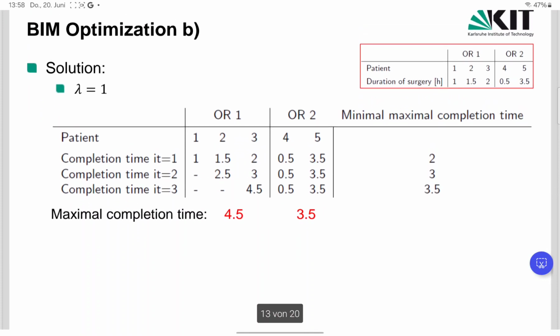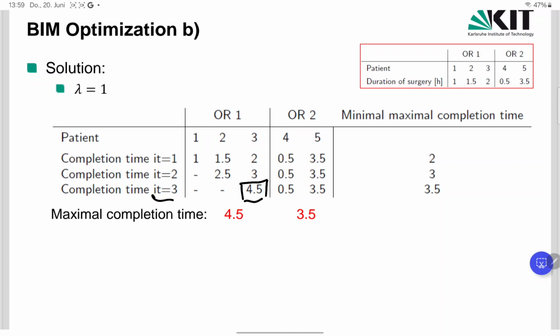The second one is completed, and therefore we have a completion time. So the iteration is set to 3. We have assigned patient 1 with 1 hour, patient 2 with 2.5 hours, and then the next one would be patient 3 with 2 hours, and therefore the completion time here is 4.5.